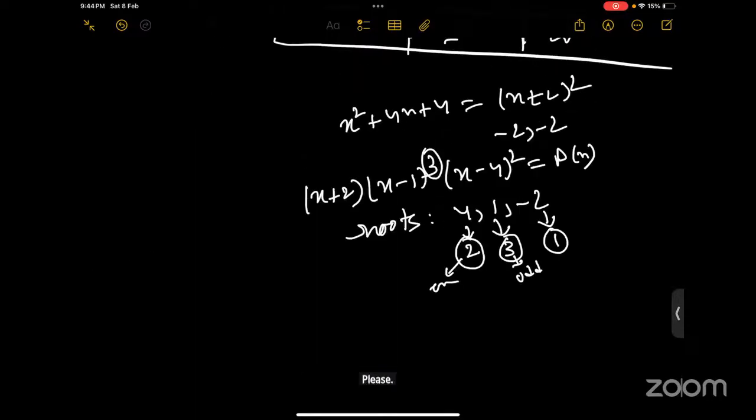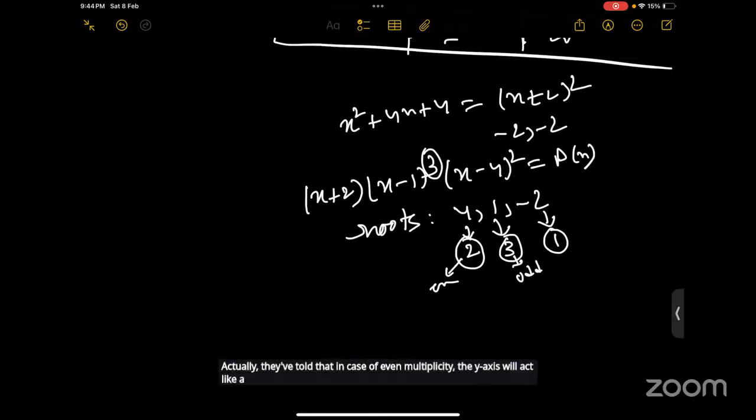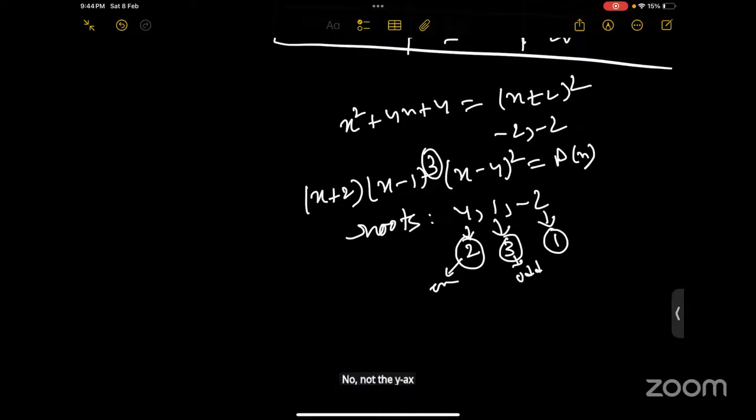In the lecture, they've told that in case of even multiplicity, the axis will act like a tangent to the curve. Not the y-axis, in case of the x-axis. Yes, the tangent touches the x-axis.